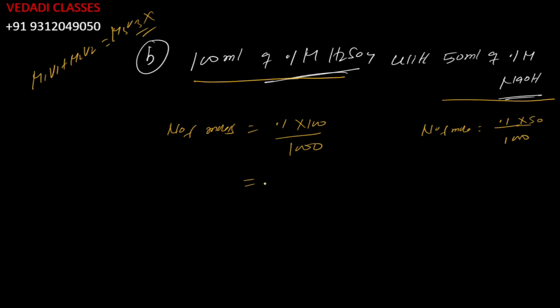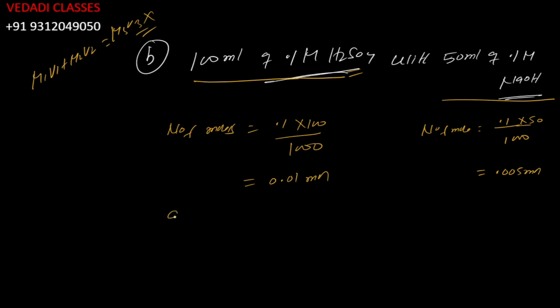So it will become 0.01 mole, and it will become 0.005 mole. And again the basicity of H2SO4 is 2, so multiply it.